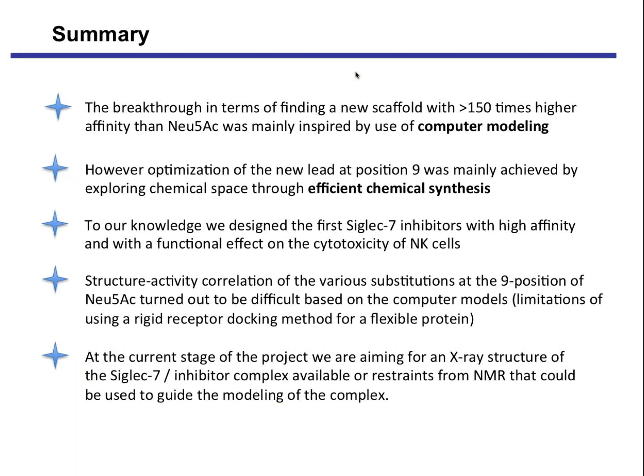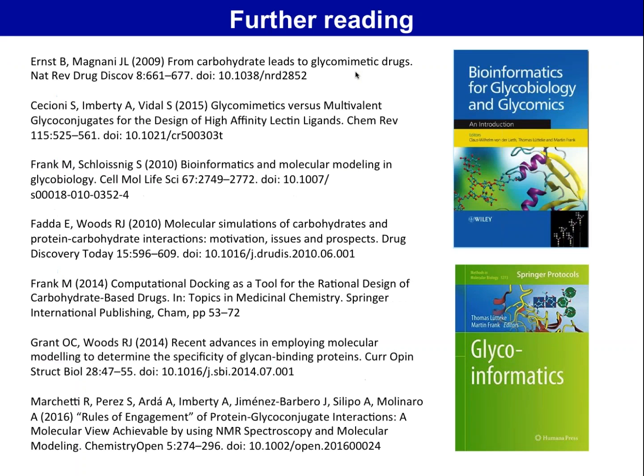And at the moment, we do not have a confirmed structure, so only the model structure is there. It would be, of course, nice to have a crystal structure or NMR structure of the compound, but this is the current stage.